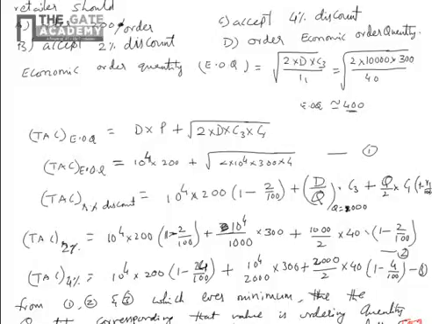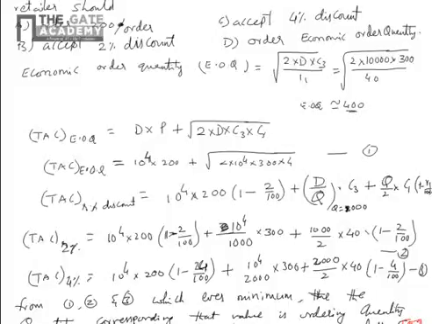And then he has given two discounts. One is if the quantity is more than or equal to 1000, then 2% discount. If the quantity is more than or equal to 2000, then it is 4% discount. So for each of the two discount rates, we need to calculate total annual cost.